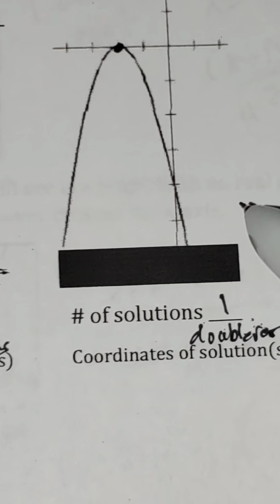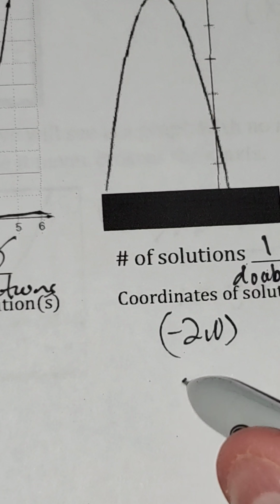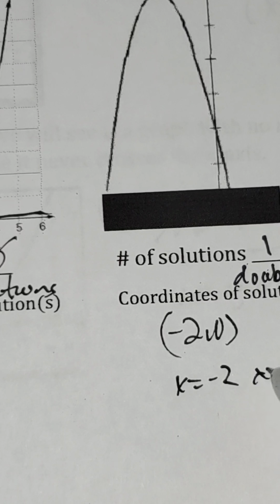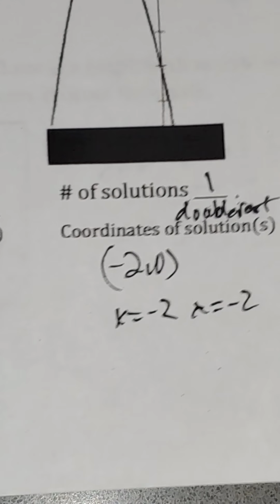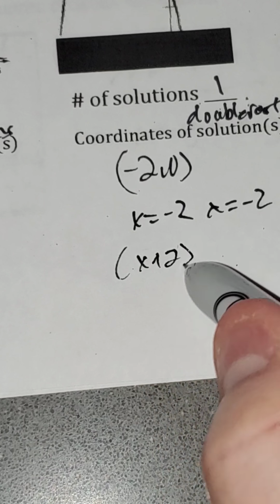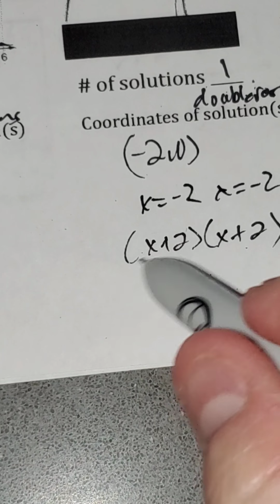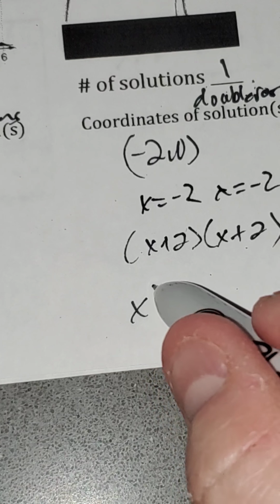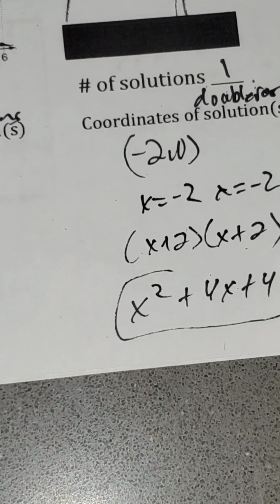The root is at (negative 2, 0). So that means x equals negative 2. And since it's a double root, x also equals negative 2 again. We put the opposite of these in our little binomials. So the negatives become positive in the binomials. We FOIL this thing out for x squared plus 4x plus 4.